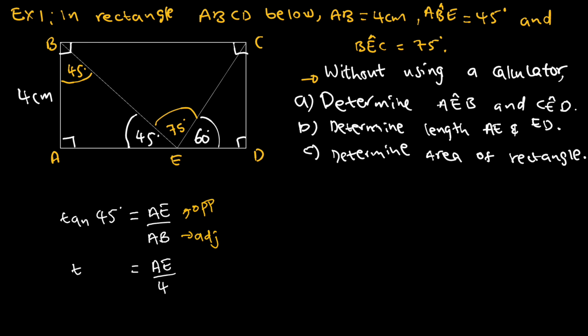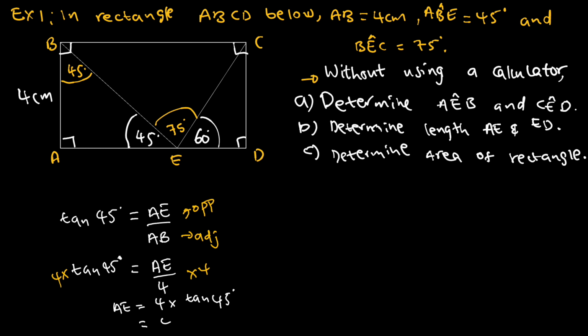To cancel the 4, I multiply both sides by 4. 4 will cancel 4 and I'll be left with AE on one side, and on the other side 4 times tan 45.